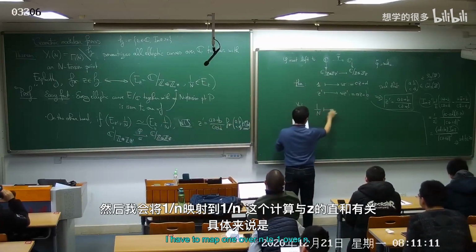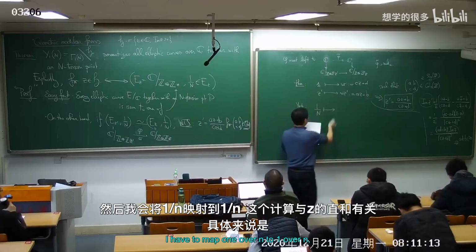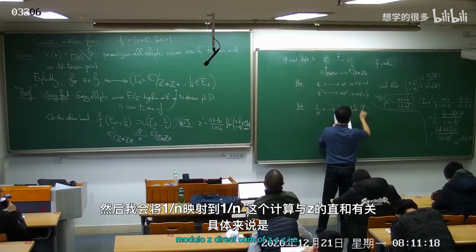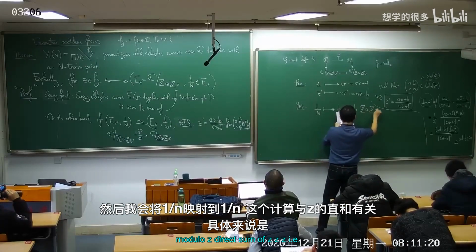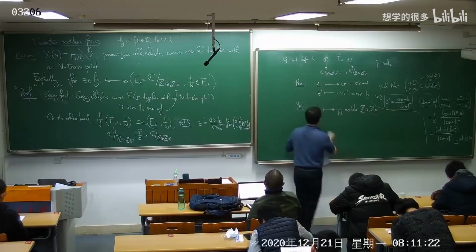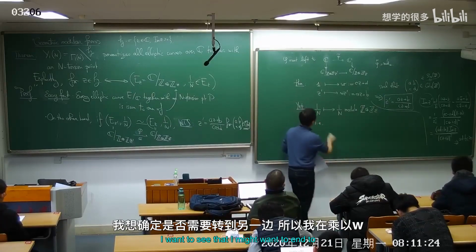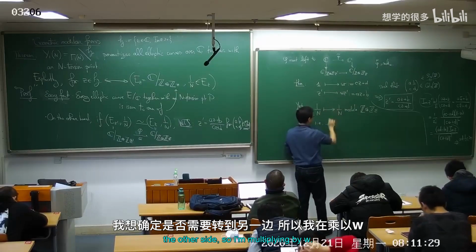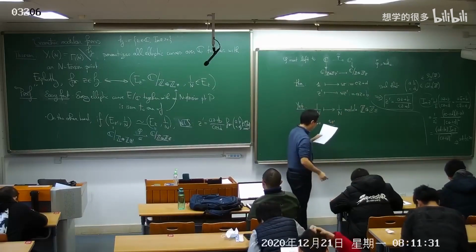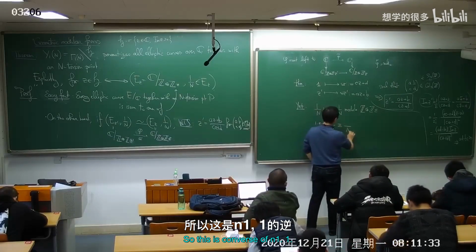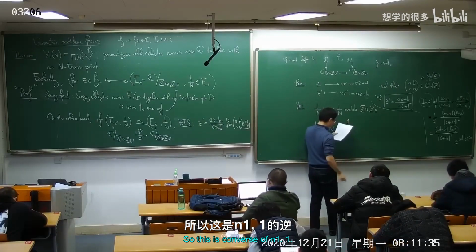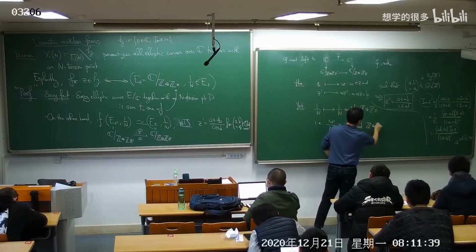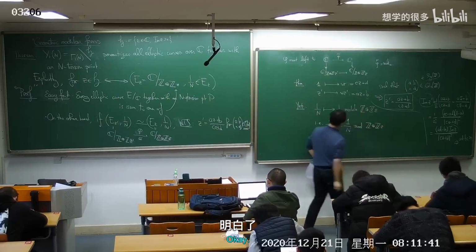Namely, I have to map 1 over n to 1 over n modulo Z direct sum with Z. I.e., I want to see that I map 1 over n to the other side, so I'm multiplying by W. So this is congruent to 1 over n modulo Z. Okay?